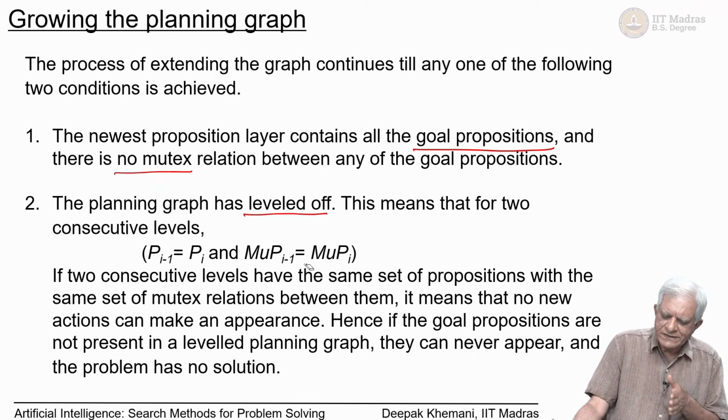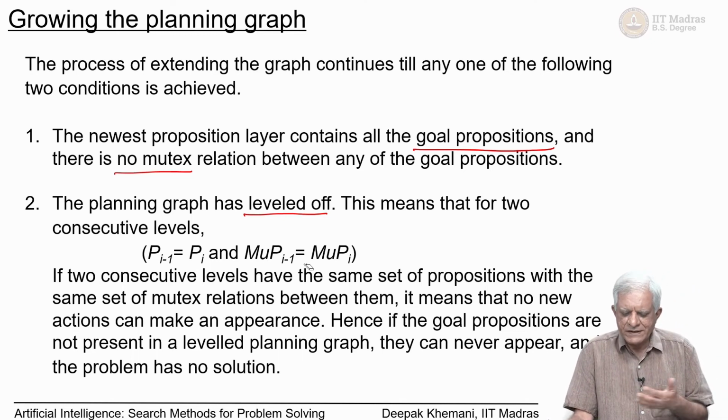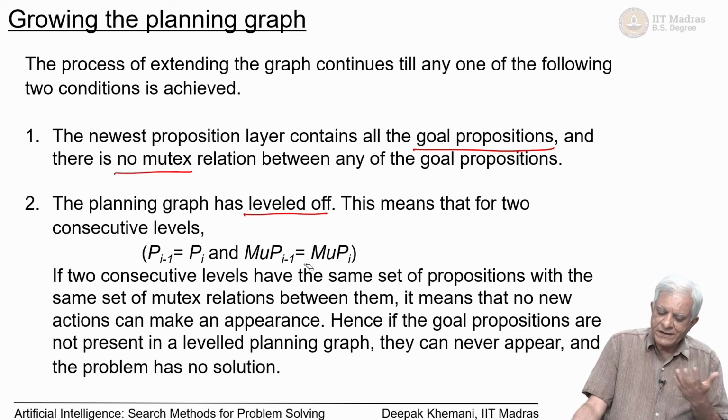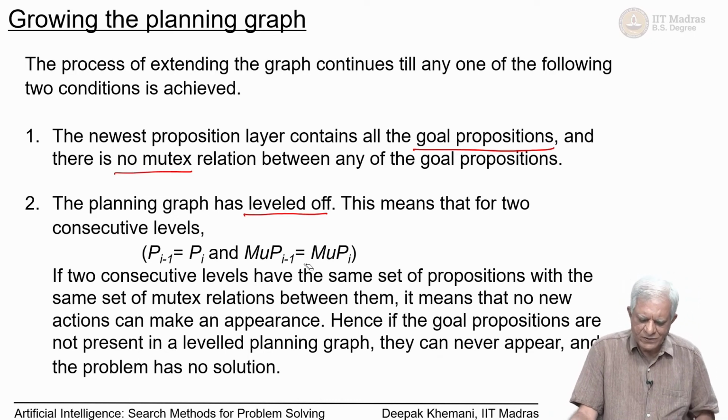A consequence of this is that the first time when all goal propositions are present and a plan is found, it will also be the plan which has the lowest makespan or the lowest time steps needed, because you keep growing the planning graph and keep testing whether there is a plan or not. Incidentally, the same approach is also tried in SAT plan. They keep exploring longer and longer plans to see if there is a valid plan. So, there is some similarity between these 2 algorithms.